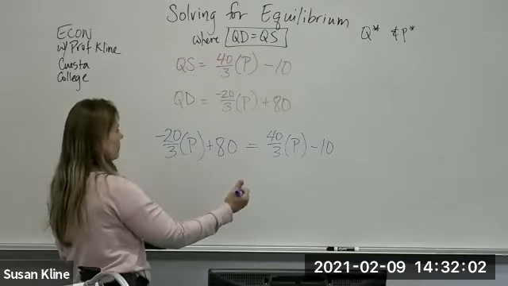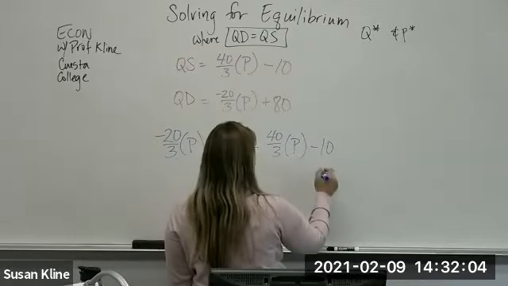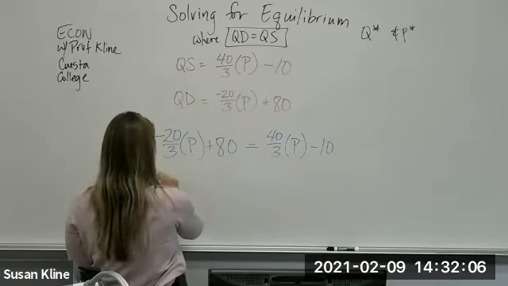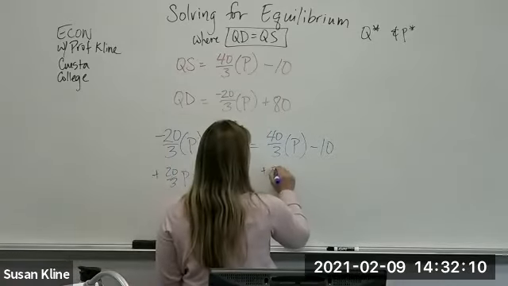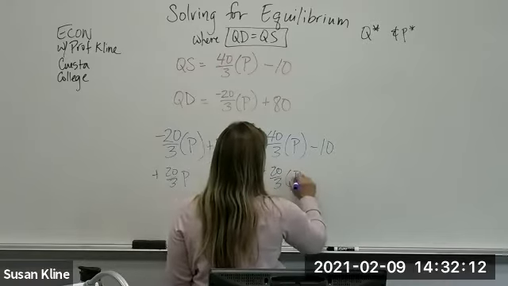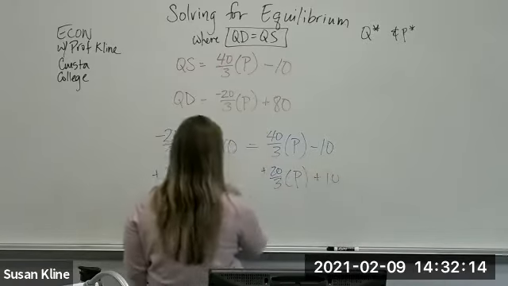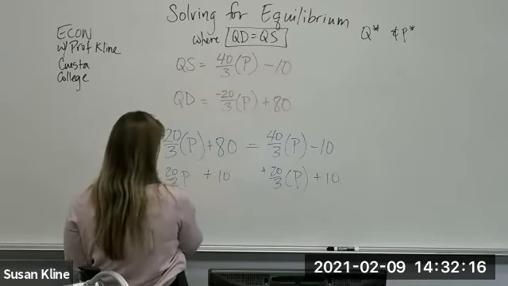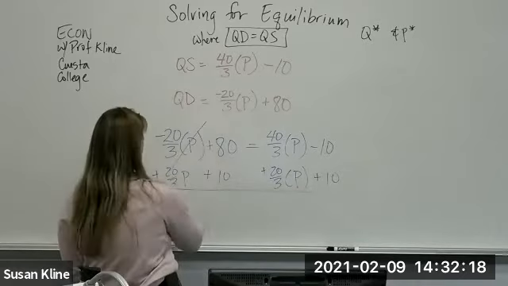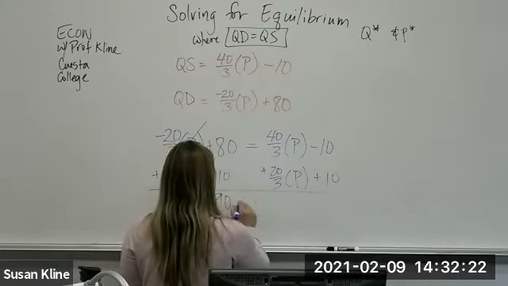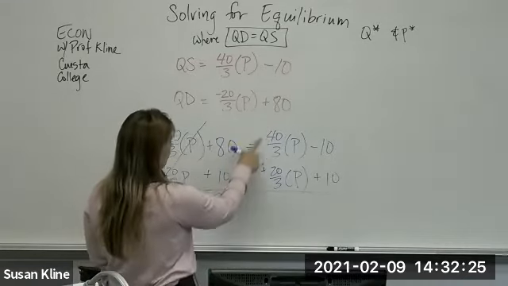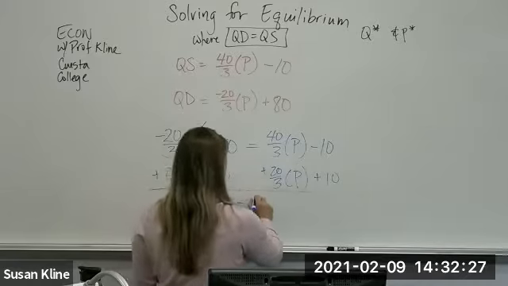So a little bit of math. I add 20/3 P over here and add 20/3 P over here, and I'm going to add the 10 on both sides as well. So this will cancel. I don't know how you were taught algebra, this is one of the ways that I recall. So I have 90 over here. 40 plus 20 is 60/3.